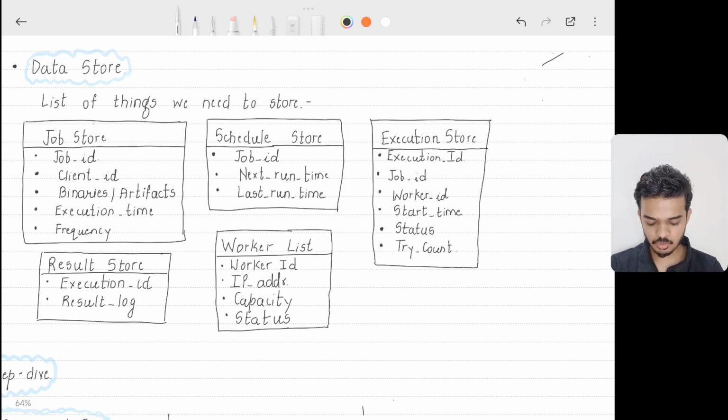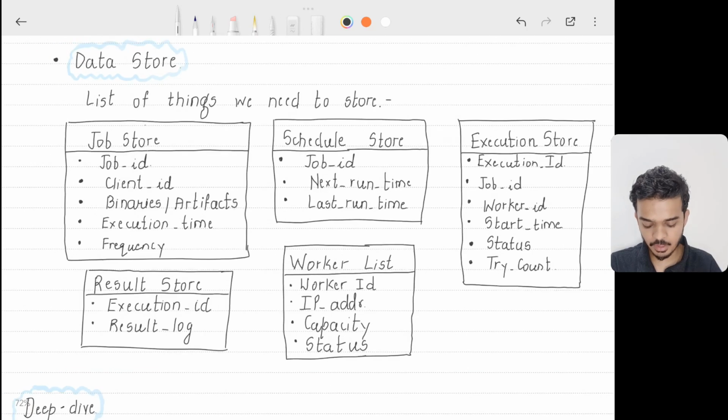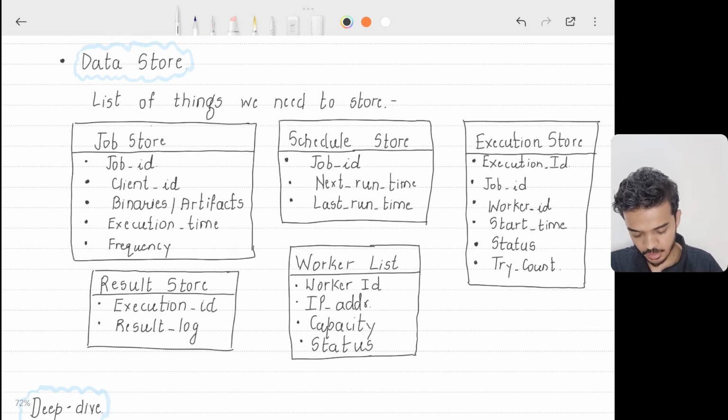First, what we saw: the client submits job details to the job submission service. What all things was it submitting? It was submitting the frequency of the job, the execution time, and the binaries or artifacts.